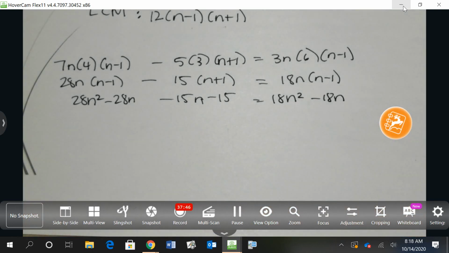So I've distributed through, and now I'm going to combine like terms. I see that I have a squared term, so we have a quadratic equation. So I'm going to move everything to the same side.